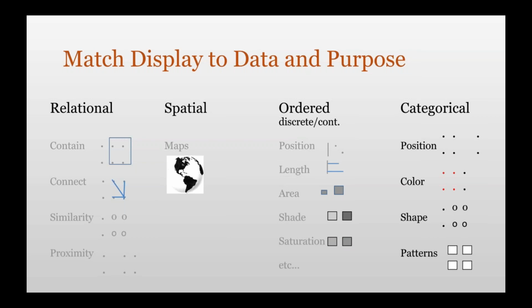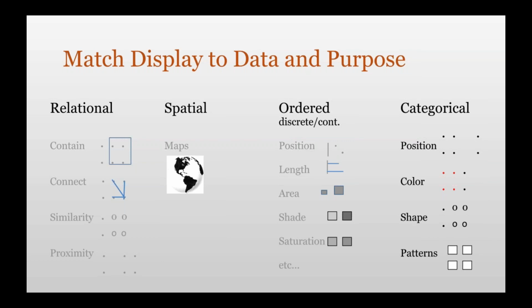And then in terms of categorical, position again is really useful. This is groupings of objects. But usually I would say color is most commonly used here. When you are looking at data where you have a numeric component and a categorical component, color is really useful to distinguish the difference between them.